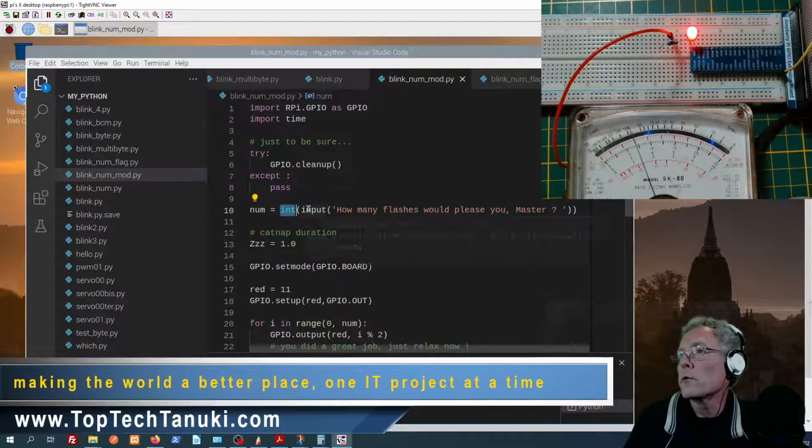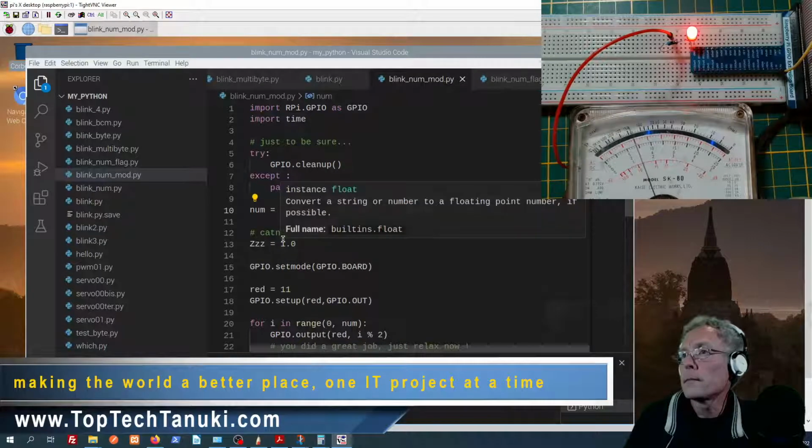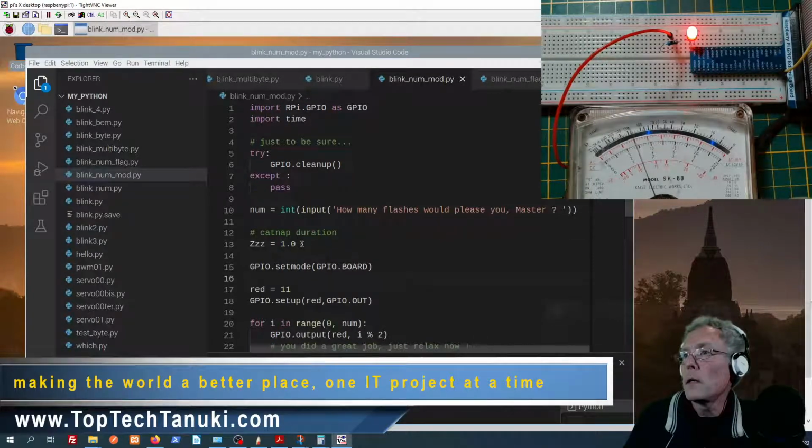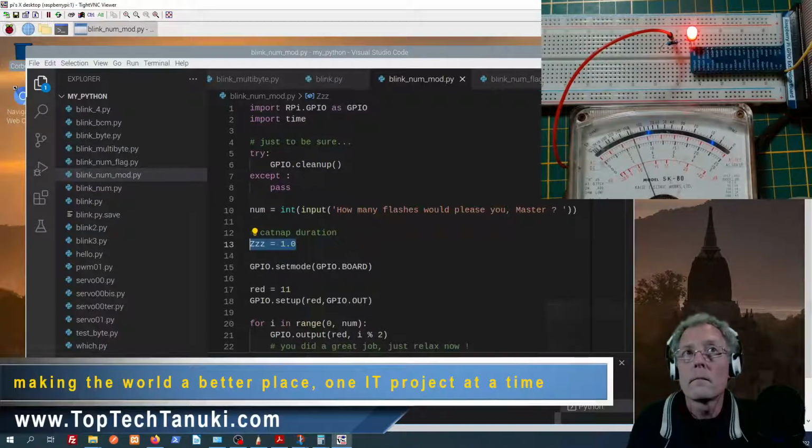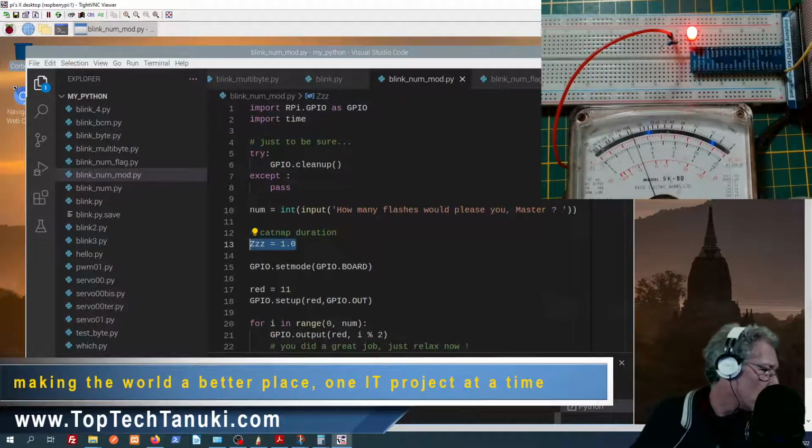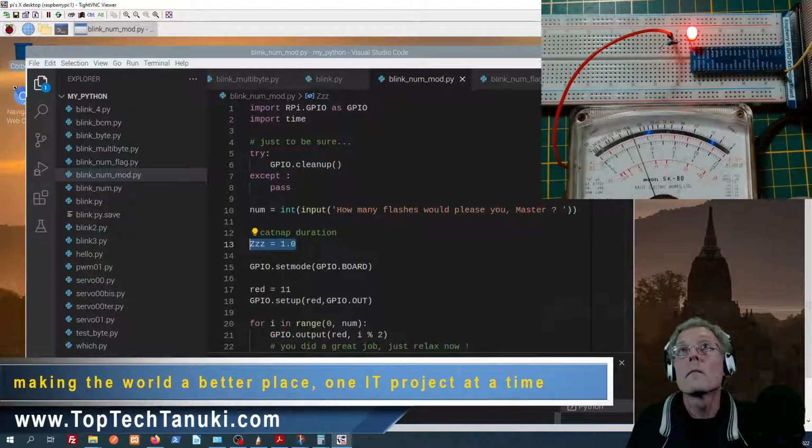We convert our string into integer here, and we define here the delay duration, so that our LED will flash in a way.